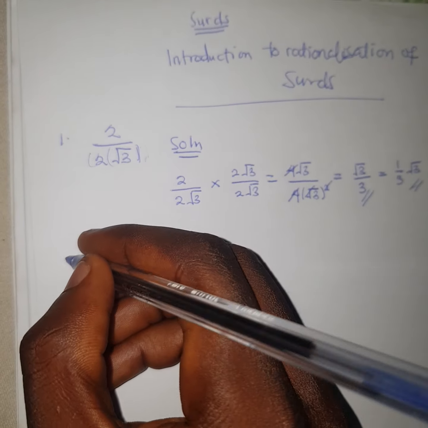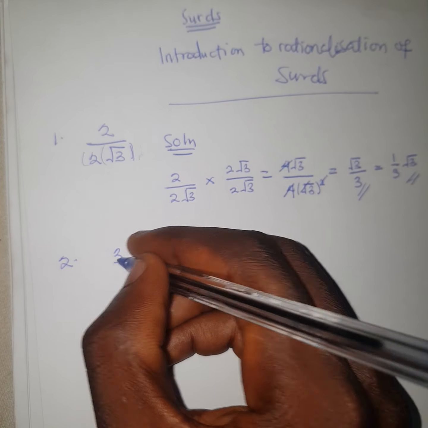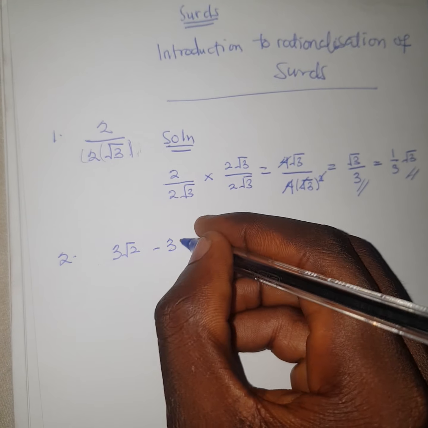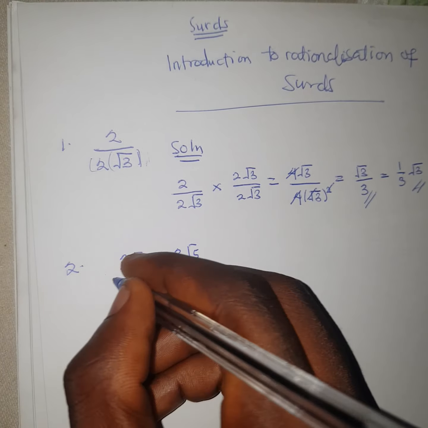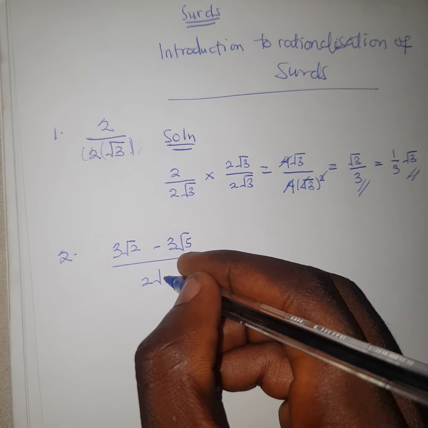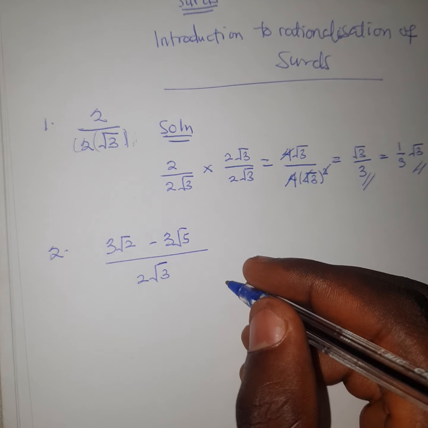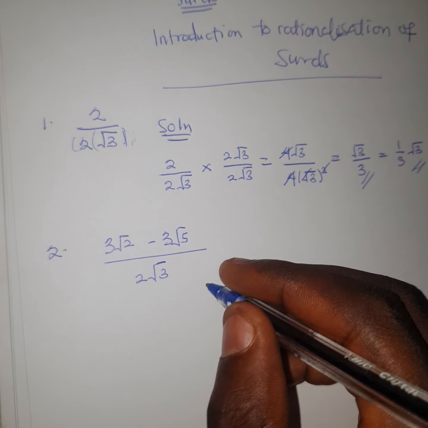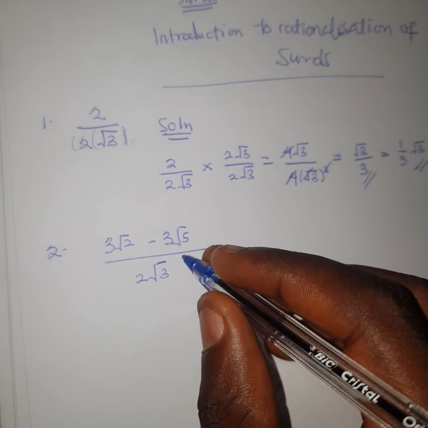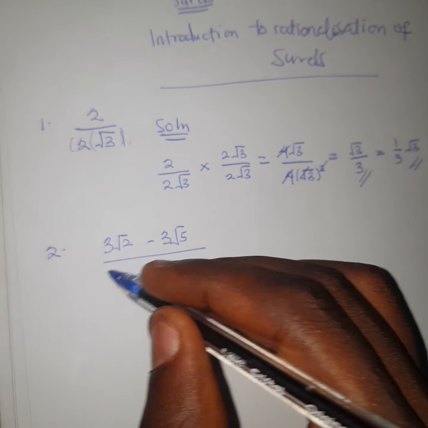Now, example 2 is 3 root 2 minus 3 root 5 all over 2 root 3. When given something like this, you pick the conjugate of the denominator. Please never consider the numerator just because it has 2 terms.